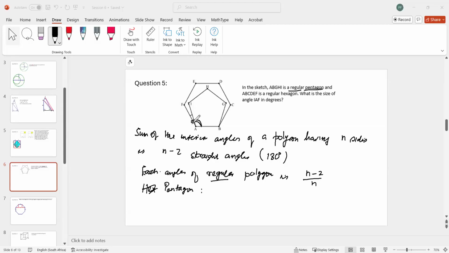N is 5. 5 minus 2 is 3, so 3 over 5 of a straight angle, and that's 180. 5 goes into 180 36 times, so therefore the angle FAB, this outside angle, is 108 degrees. And the hexagon angle is the smaller angle.